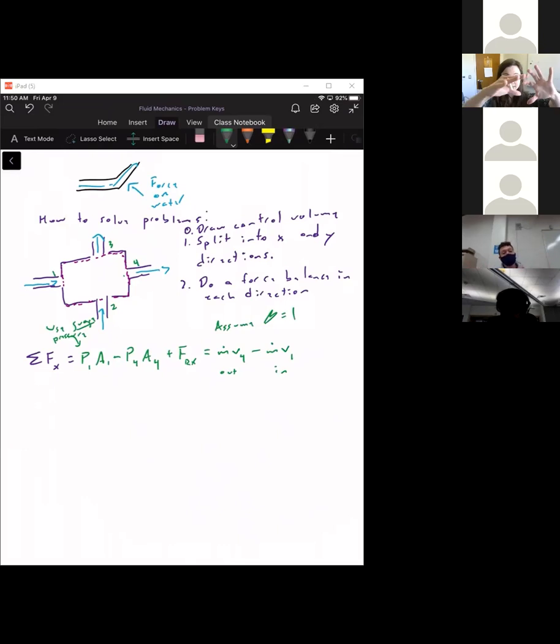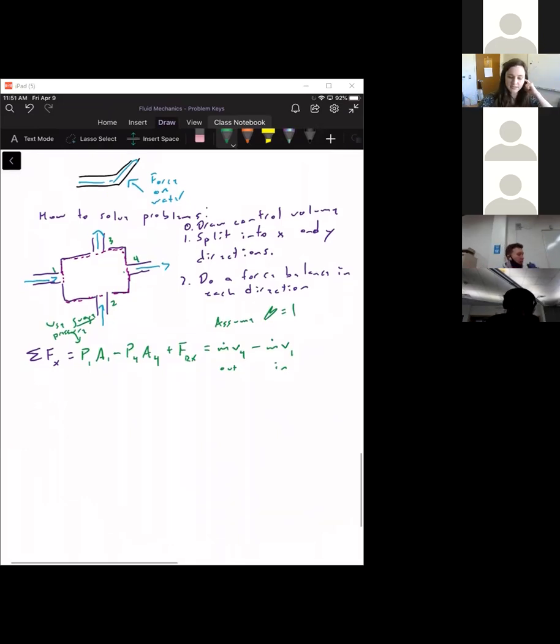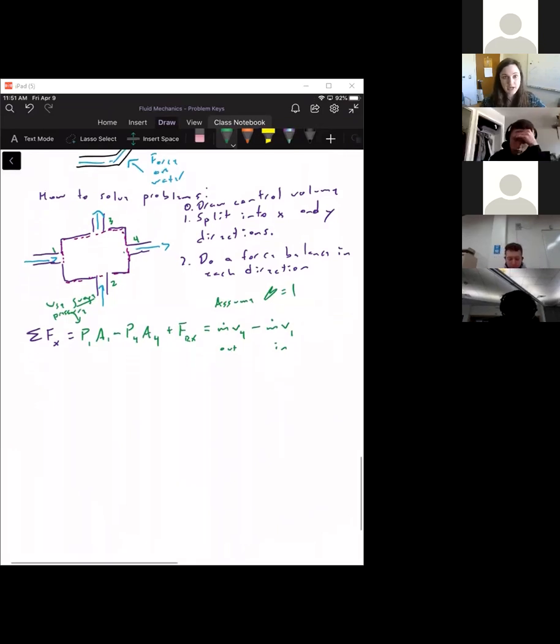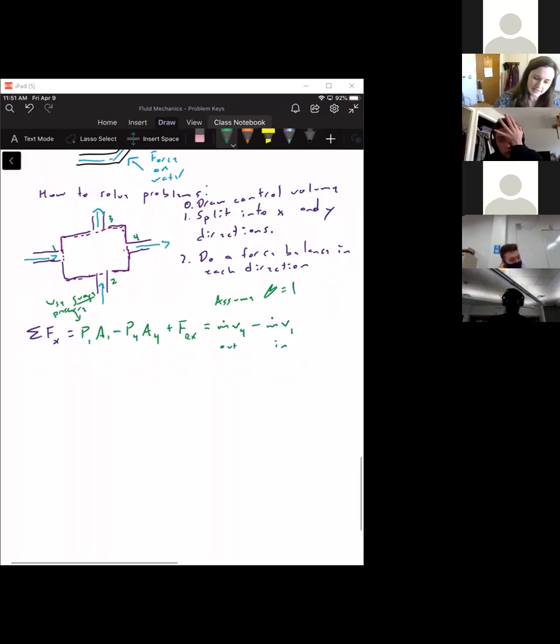So basically, you take the X direction, you do all the forces acting in the X direction, so you have to take into account pressure. So all of the forces on the left side, the change in the momentum on the right side. So m dot V out minus m dot V in, there.